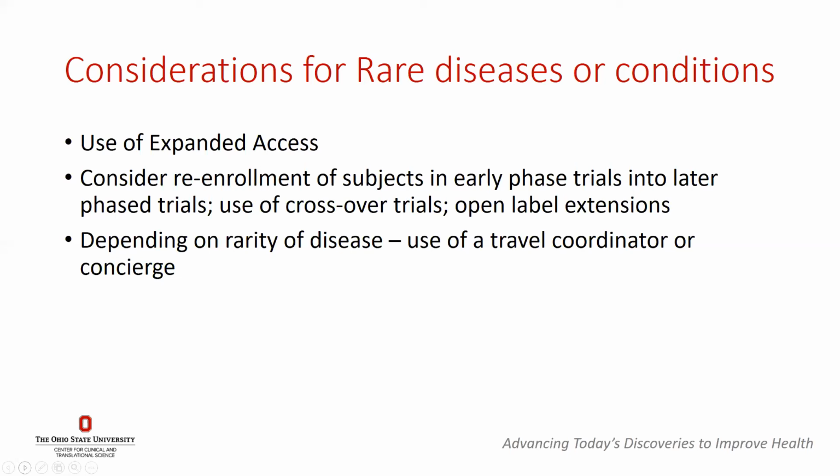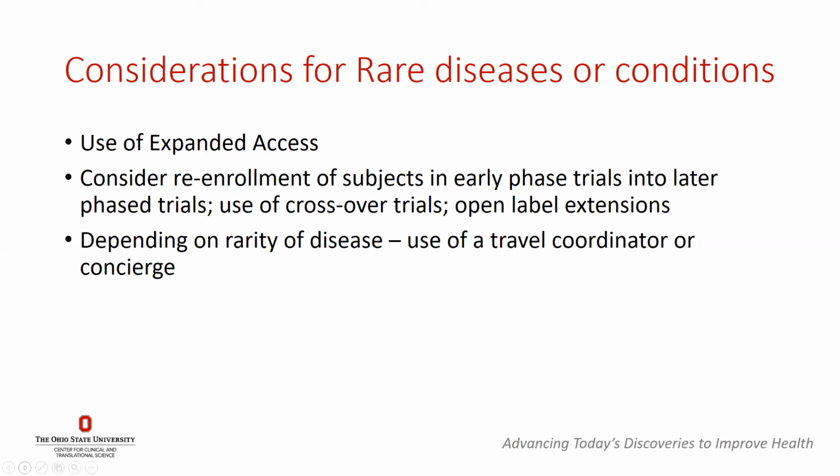So there are some different things that you might need to think about. In a lot of trials, if a patient has been enrolled in a study in an earlier phase, they're not allowed to enroll in a later phase. Make sure that that is scientifically justified as opposed to just trying to keep the data cleaner.